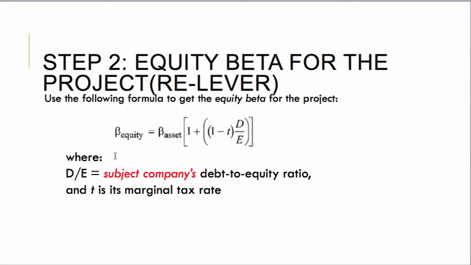From the formula listed here, you can find we multiply the D/E ratio with the asset beta. Also remember that the D/E ratio here is the subject company's D/E ratio, and the marginal tax rate is also the subject company's marginal tax rate.